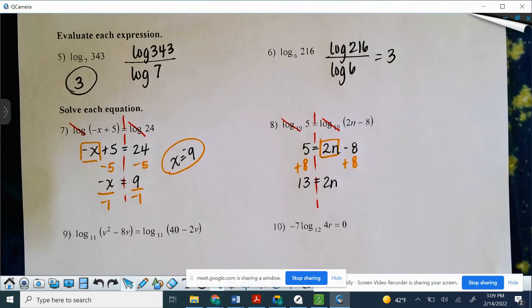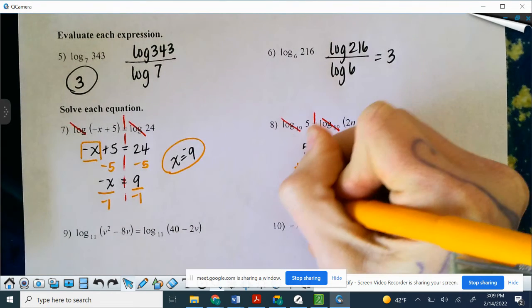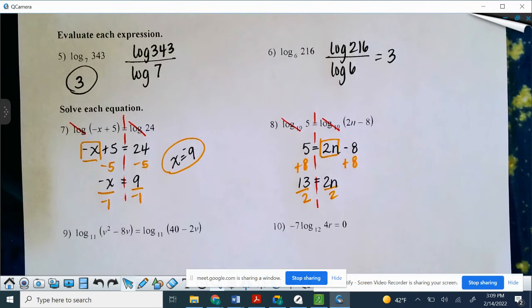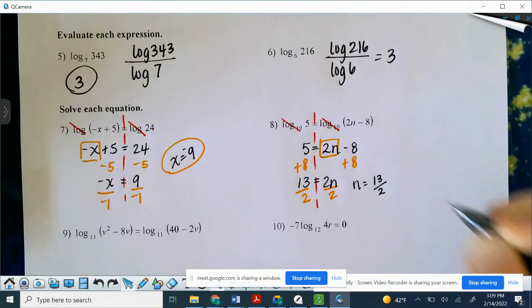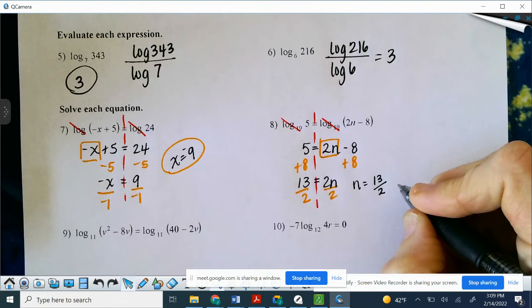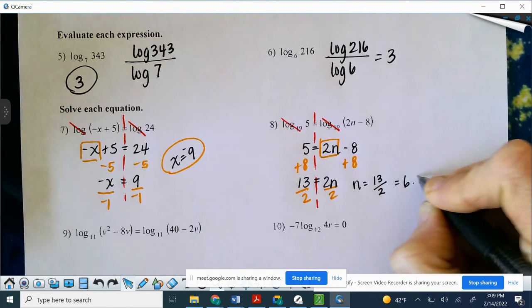So to fix that, we're going to divide by 2 to get that by itself. And n should equal, depending on where you see it, 13 over 2 or 6.5.